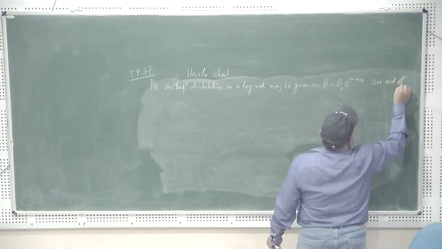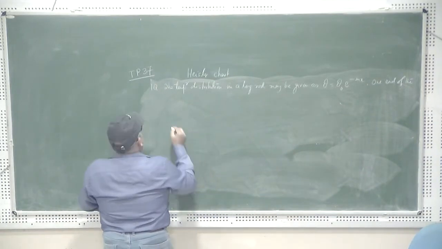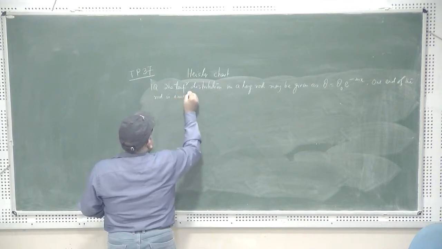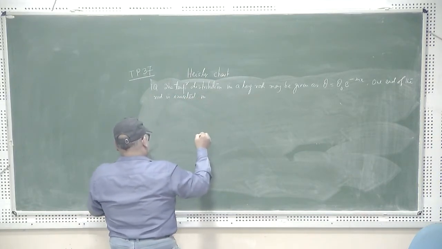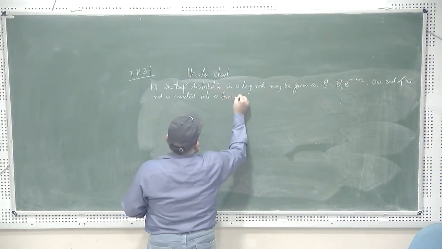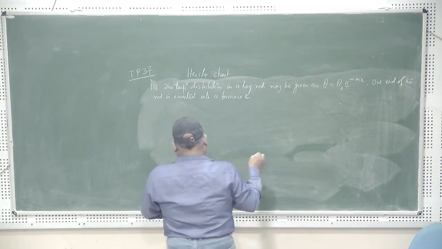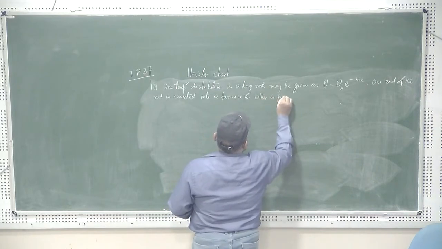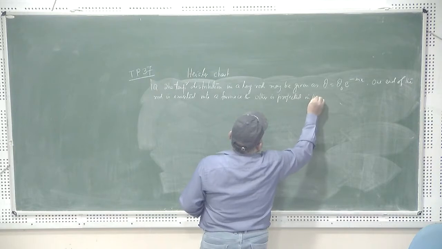One end of the rod is inserted into a furnace and the other is projected in the air, that is the ambient air.